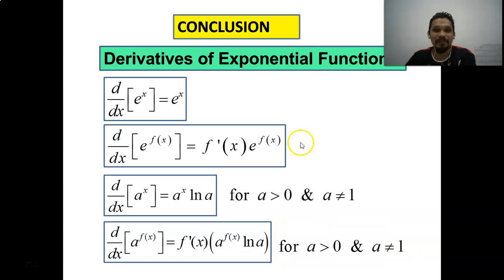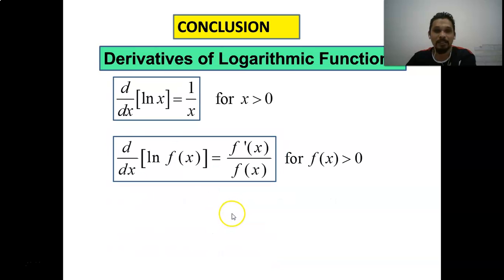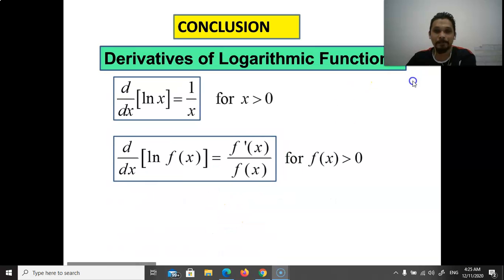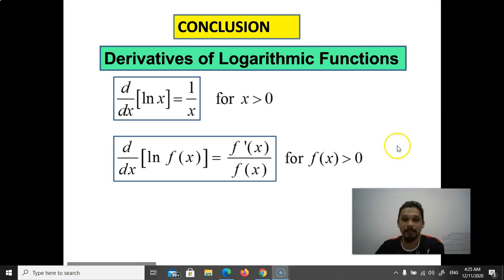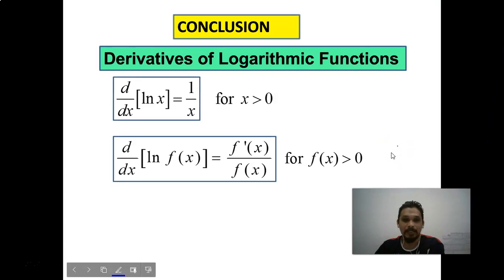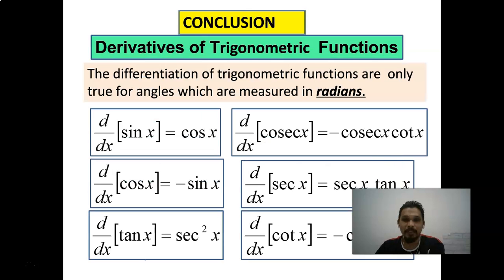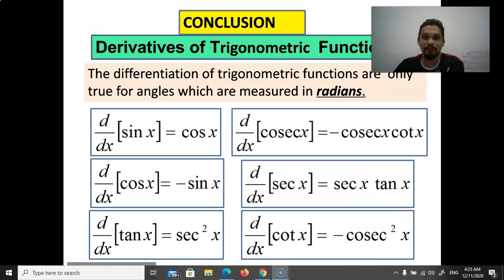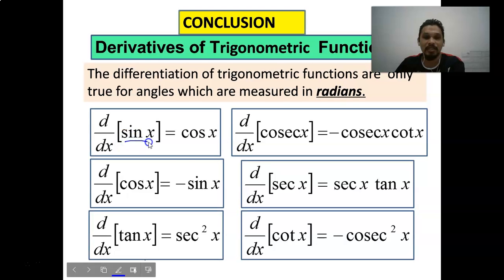Okay, conclusion: derivative of exponential function. Derive e to the power of x equals e to the power of x, and all here. Okay, so derivative of log function, and derivative of trigonometric function. For this case, you just remember: differentiate sine, then it gives you cos. Differentiate cos equals negative sine. Differentiate tangent: secant squared.